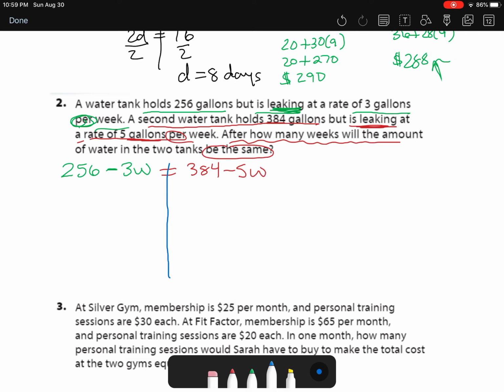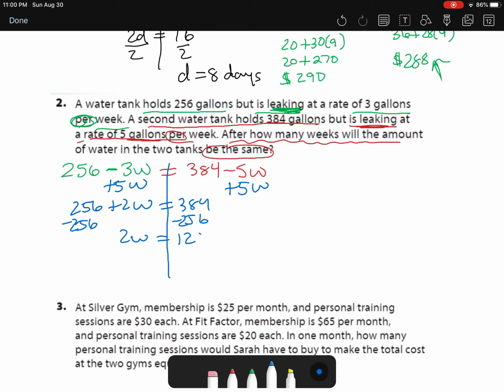On the right side. Now we need to move variables to one side because we have W's on both sides. Add 5W, add 5W. 256 plus 2W equals 384. Move the constant. 384 minus 256, 128.